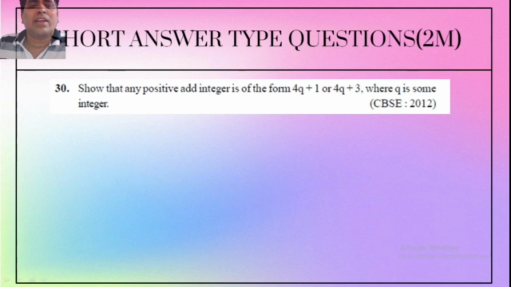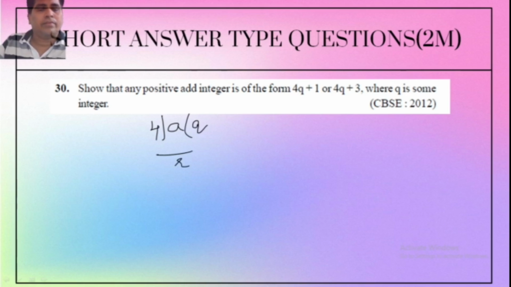We can analyze that. When a is divided by 4, we will get some quotient and some remainder. So the dividend can be written as divisor into quotient plus remainder.